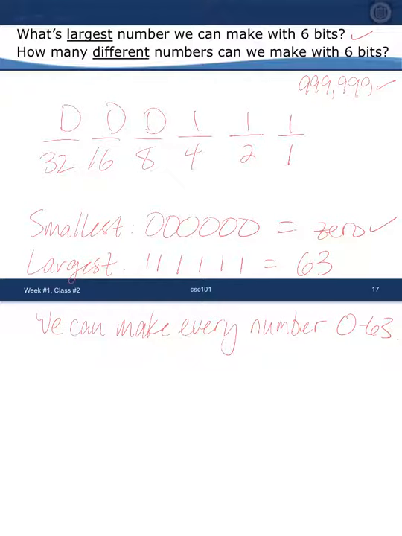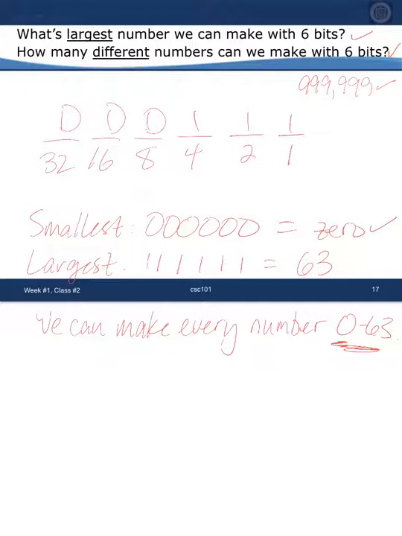Okay, so the second question here asked, how many different numbers then can you make? And this is where you have to be a little bit smart, right? How many numbers are there between 0 and 63? Now the wrong answer is 63, because I know it's tempting to say, well, you go up to 63, so it's 63. But since you can also make 0, it's actually 64.